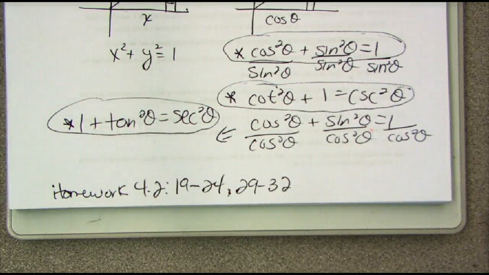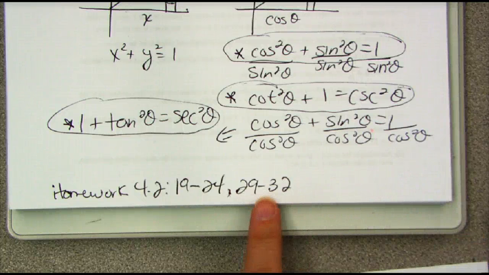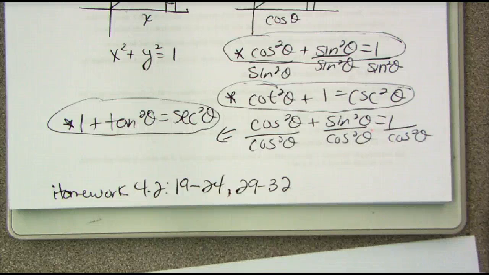And so let me see if I can find a problem that will fit for this. Let's see, 4.2. And 19 through 24. Nah, I don't want to do that one. Oh, I'll do that one. I'm actually going to choose one out of this one here. I will actually choose 29.